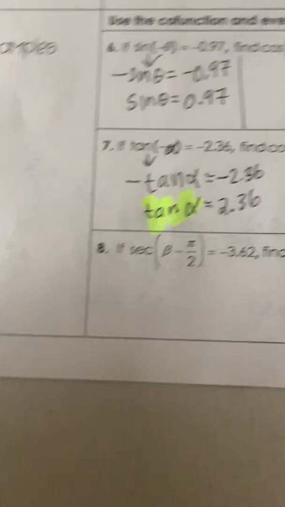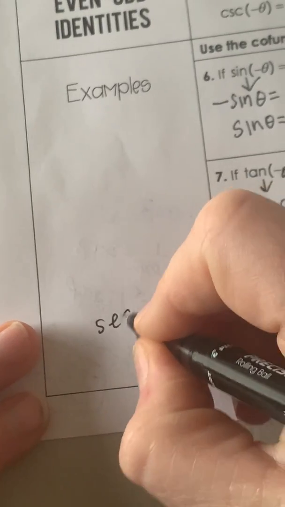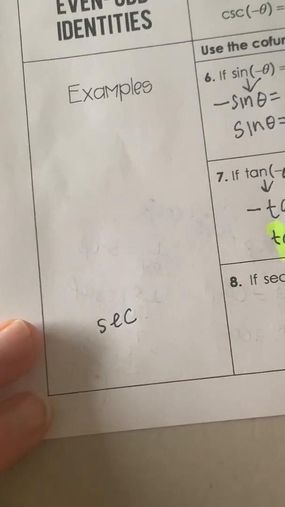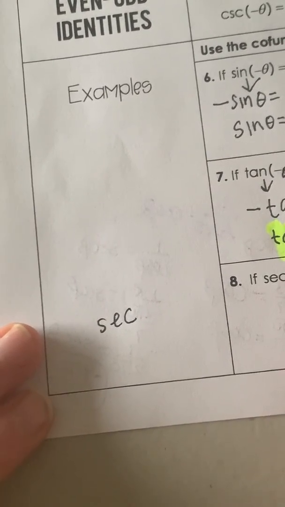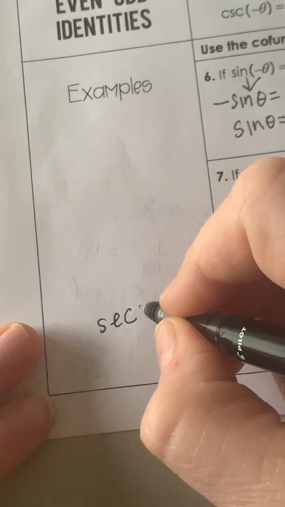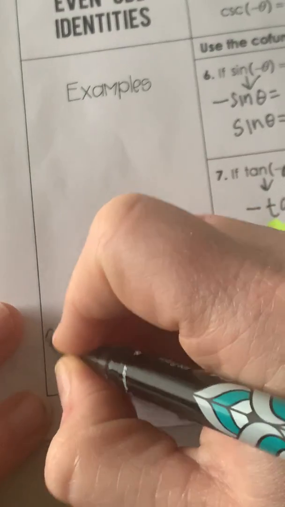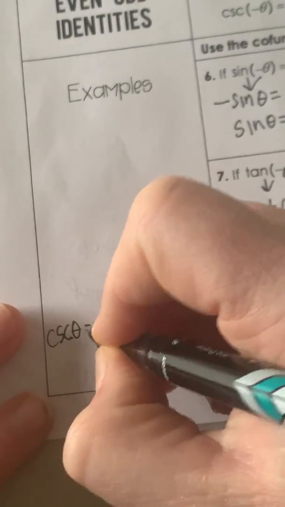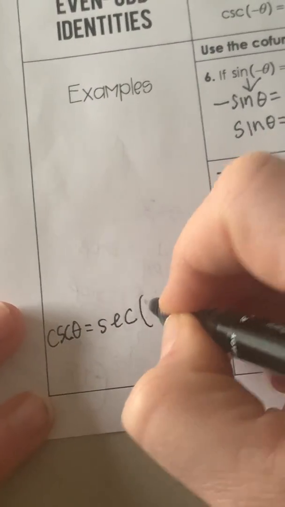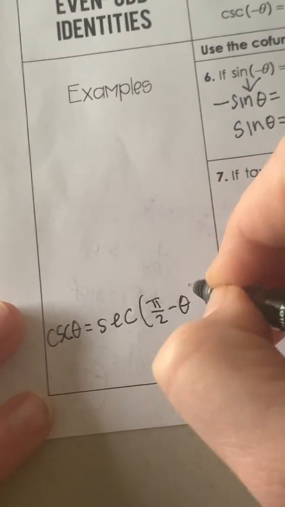So we know that cosecant theta is secant pi over 2 minus theta.